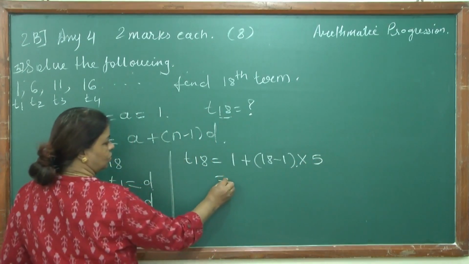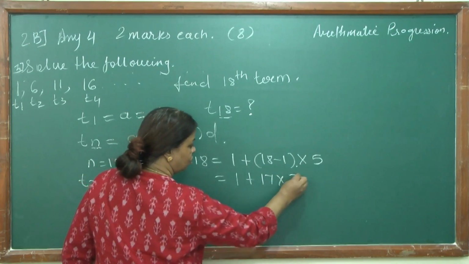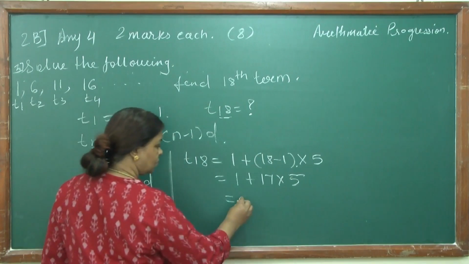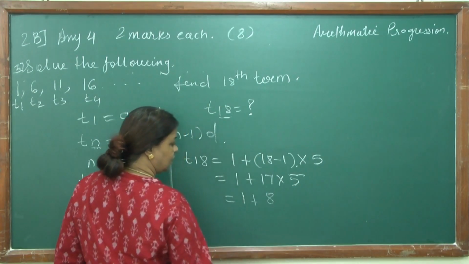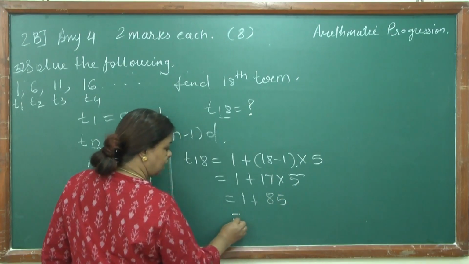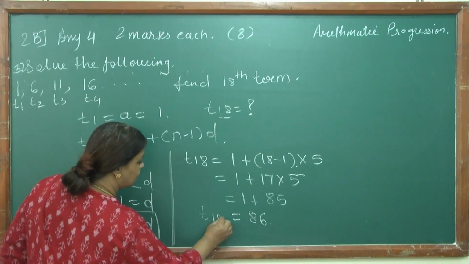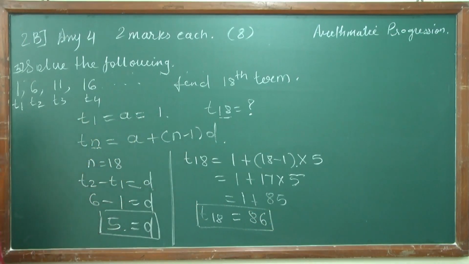So 1 plus 17 into 5. 17 fives are 85. So 85 plus 1 is 86. So your T18 is 86, children. And this is what we wanted to find out.